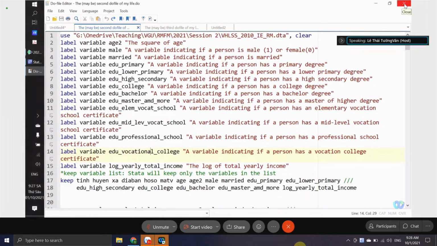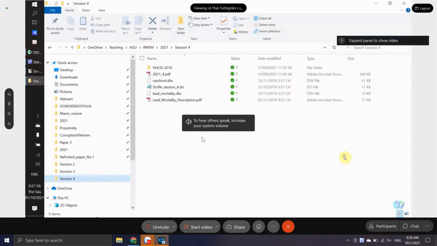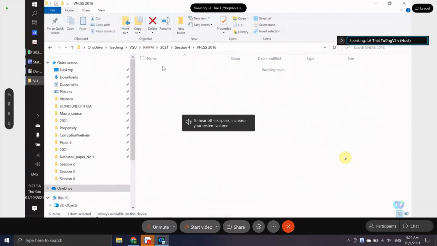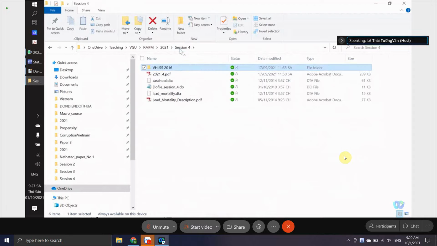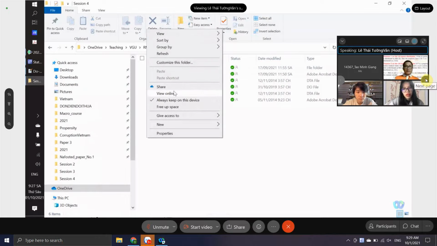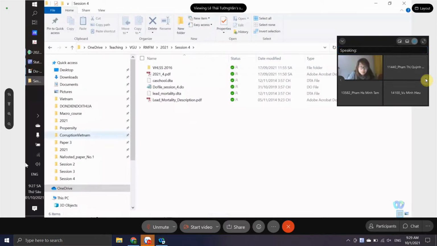My question for you: have you all downloaded the share folder VHLSS 2016? Have you all downloaded this data set? No? There was a WinRAR file there.